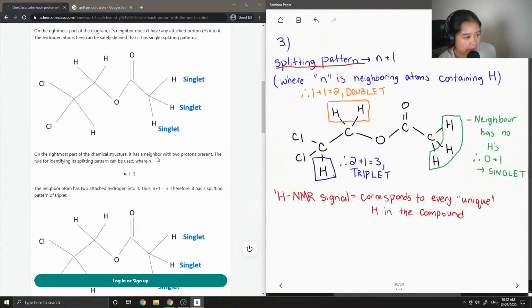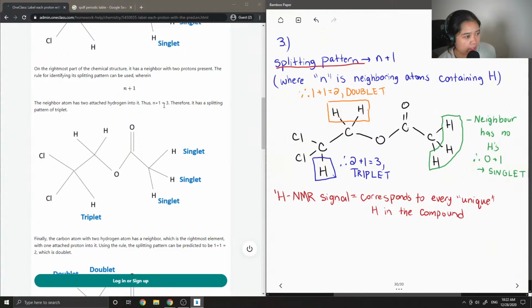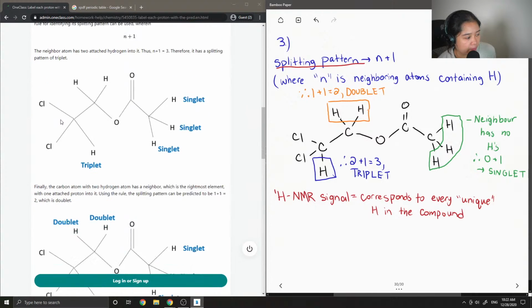It has a neighbor with 2 protons present. The rules for identifying its splitting pattern can be used, where n plus 1. The neighbor atom has 2 hydrogens. Thus n plus 1 is equal to 3. Therefore, it has a splitting pattern of triplet.